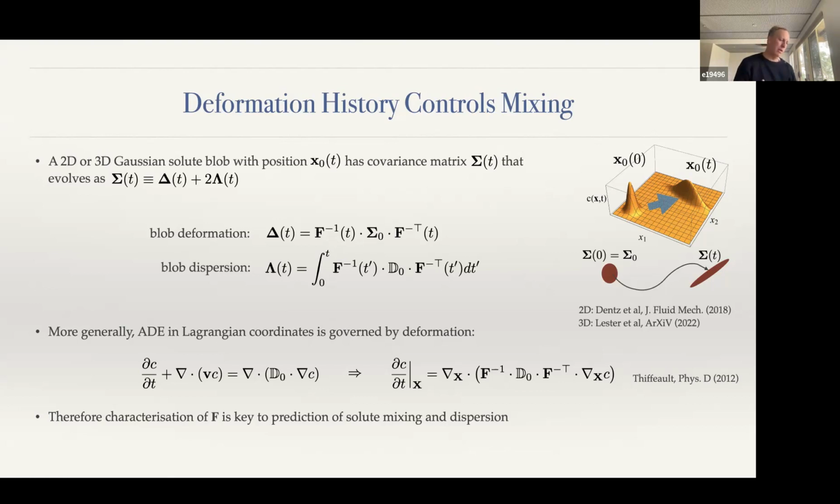More generally, if we move away from our simplified Lagrangian Gaussian model, we can also pose the advection diffusion equation in Lagrangian coordinates. And when we write that in Lagrangian coordinates, we lose the advection term due to the transform to Lagrangian coordinates. And the diffusion or the dispersion term is augmented by the deformation tensor itself. So the deformation tensor directly gives us a way to predict solute mixing and dispersion from characterization and understanding of the representative diffusion constant.